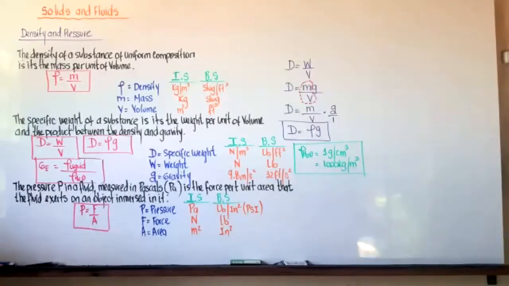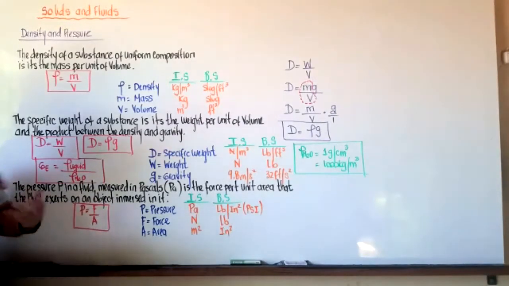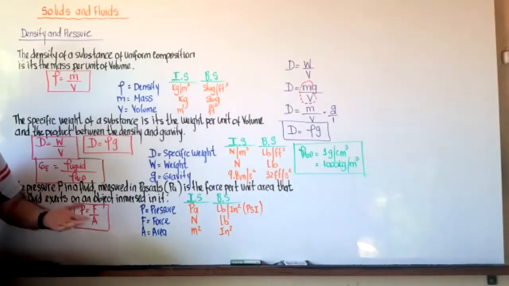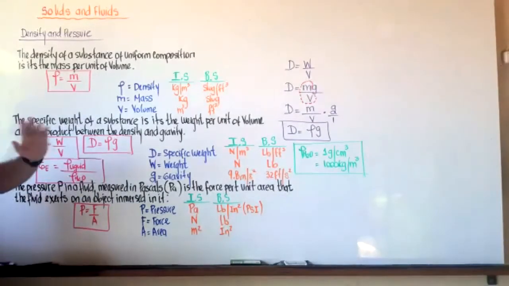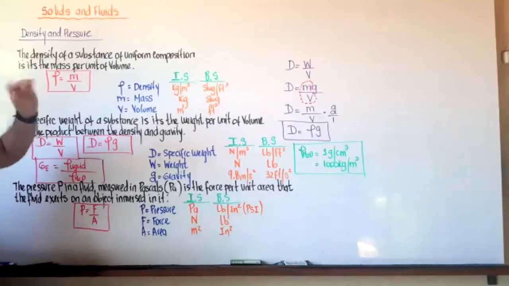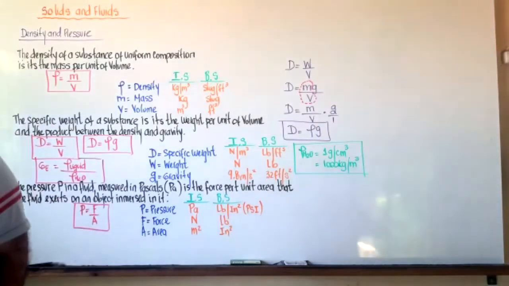And we have the units in the international system and British system. Force per square meter is called Pascal, in honor of Blaise Pascal, who determined the Pascal principle. We're going to study it later, in a couple of lessons.